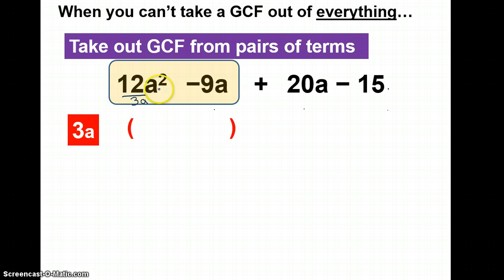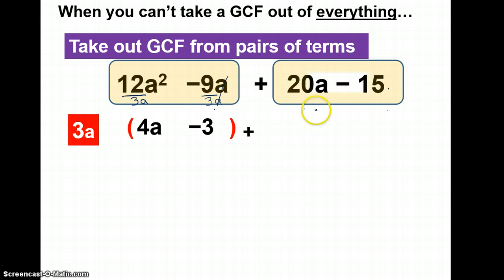And then if I take out 1A, what will I be left with here? 4A. Again, if I divide out a 3 here and an A here, that'll cancel. 3 goes into negative 9 how many times? Awesome.